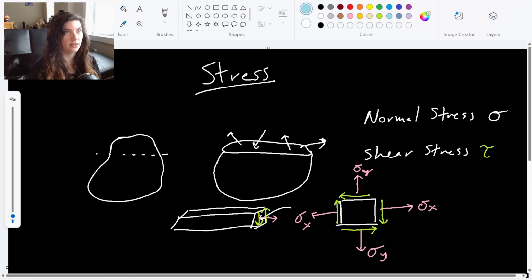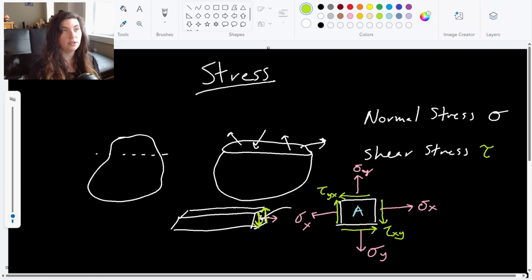This is our area A, the cross-sectional area here, which we expect, right? With the shear force acting something like this, up and down along the plane, this shear stress is also going to act in the same way. Shear stress, lowercase tau. These are the normal and shear stresses.